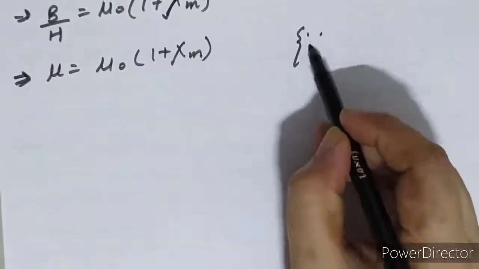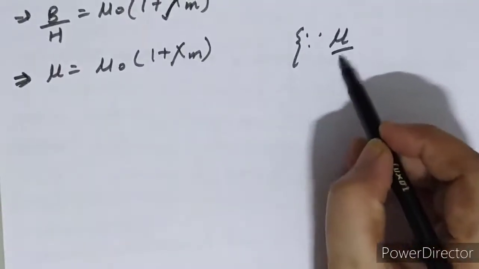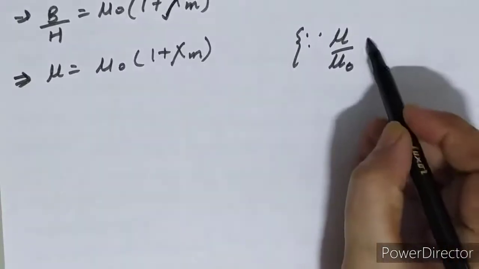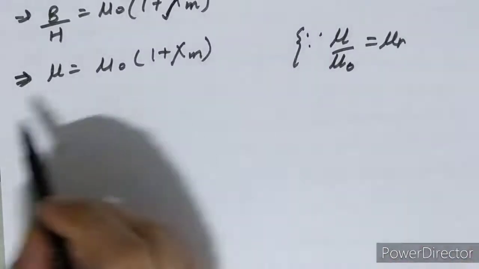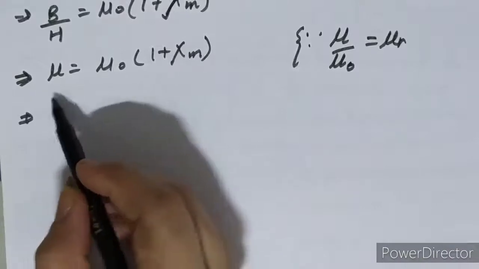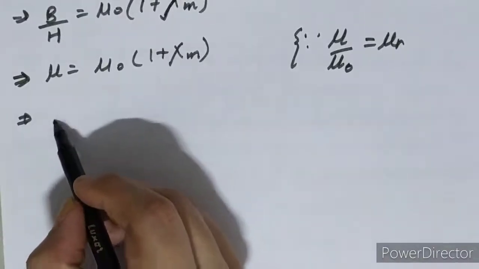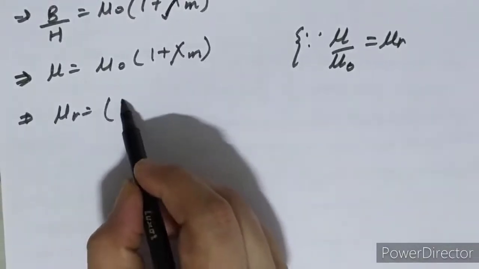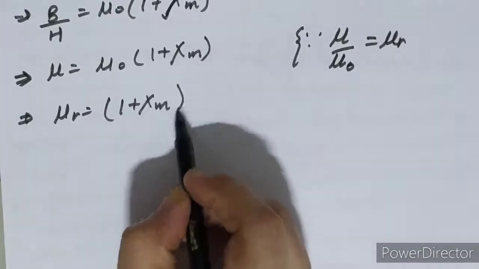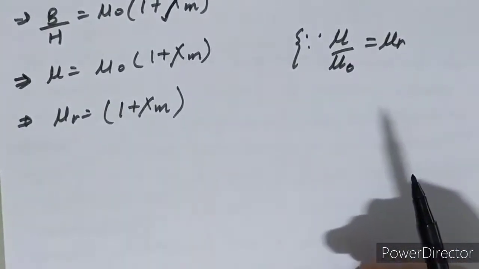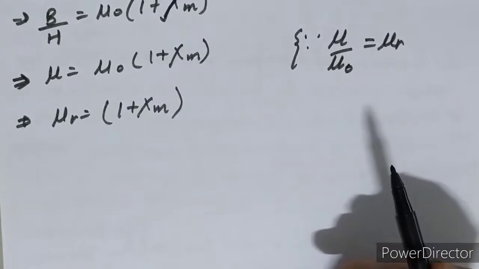Now we know that the ratio of magnetic permeability in a medium to that of vacuum is the relative permeability. So when we divide, we get mu r equals 1 plus chi m. Clear?